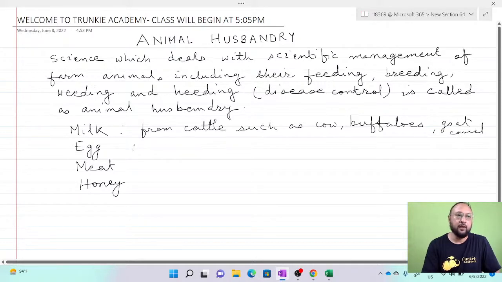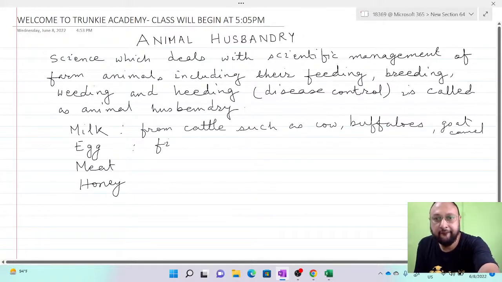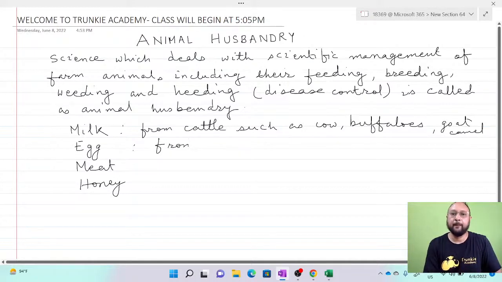Egg we get from poultry birds, or other birds also, the hen, the ducks.